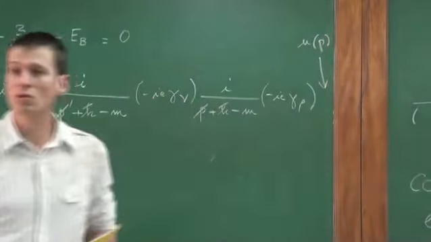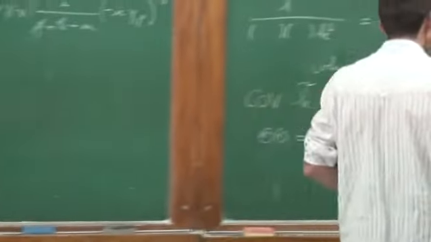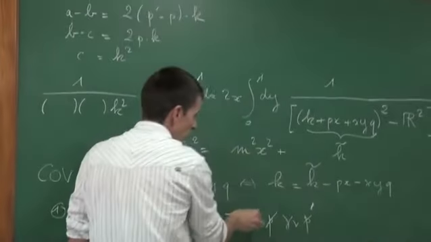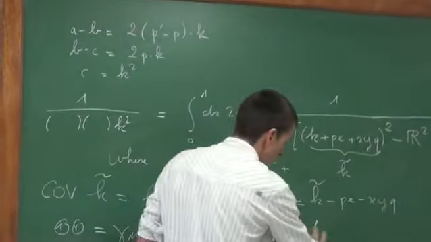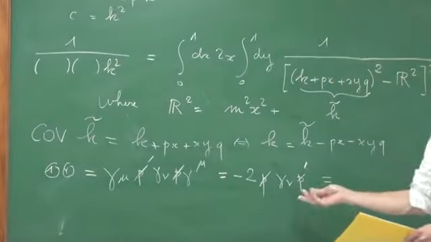So you can apply the Dirac equation, well, you cannot directly apply because this has to apply on the left and this on the right, so you have to turn. So you use the algebra of the gamma matrices.